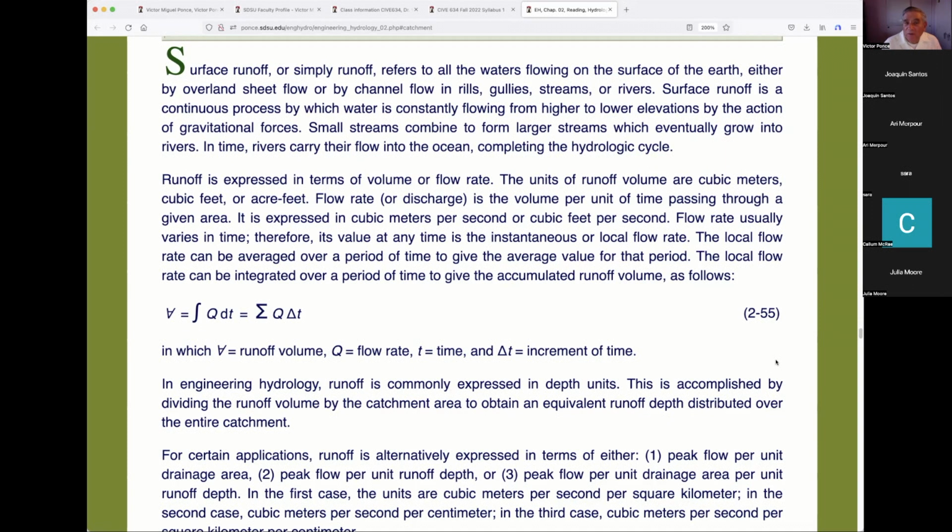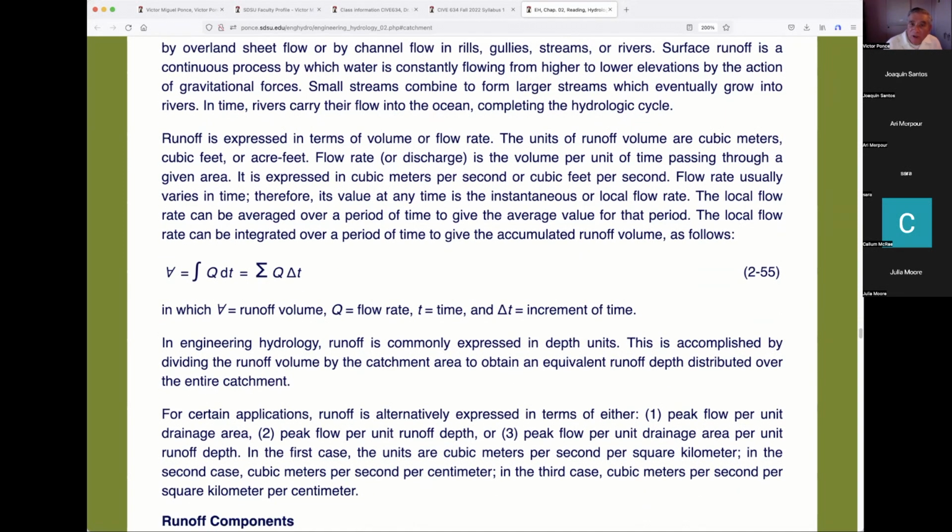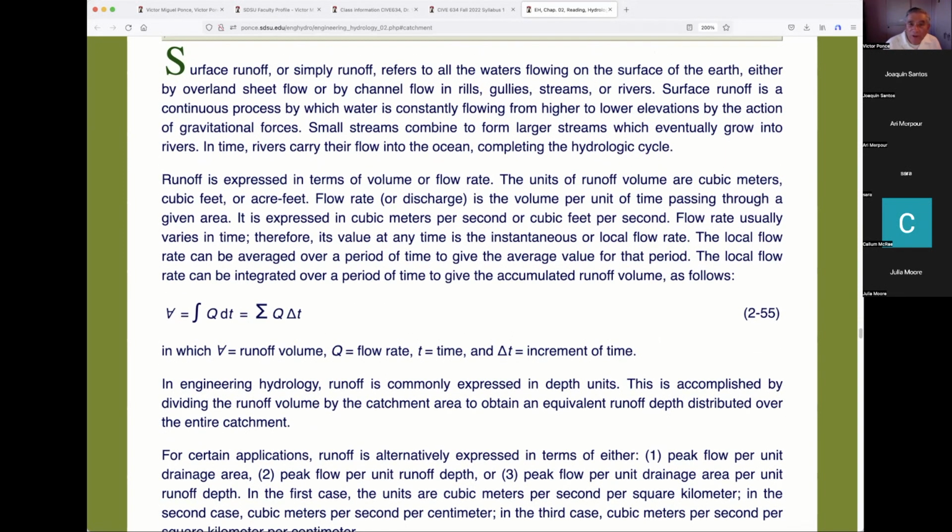You can say a runoff of 1 inch. That means that you took the total volume, derived from the integration of the hydrograph, and divided that by the area, and then you get the runoff.